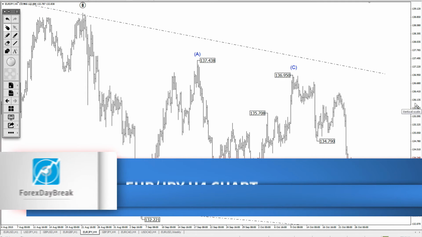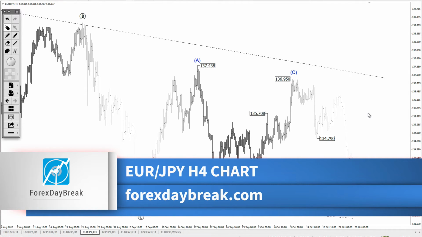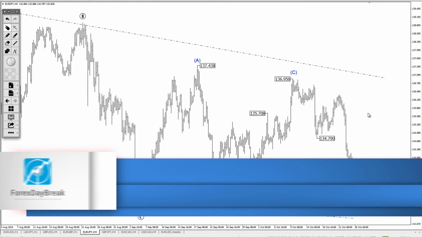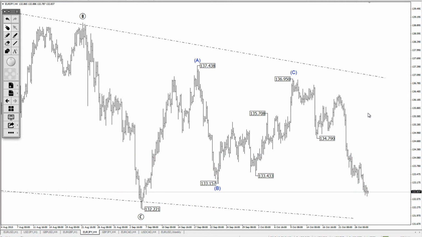Let's look at Euro Yen. Euro Yen has moved lower and is approaching the lower end of this triangle trend line, and we can expect a turnaround here to the upside once this leg has completed. And once we see the bottom, we can maybe think about trading this next leg up.